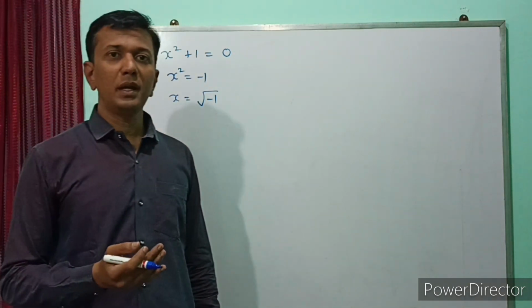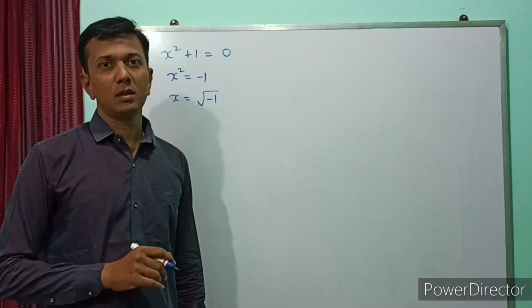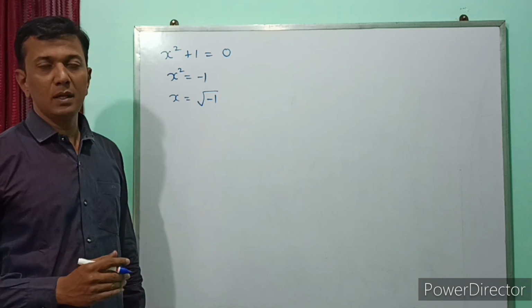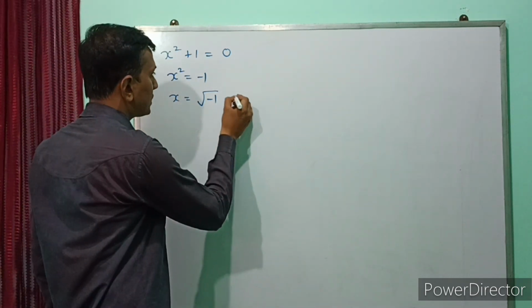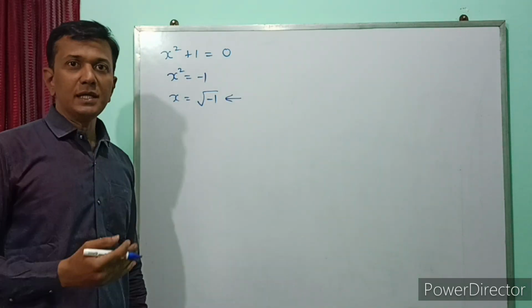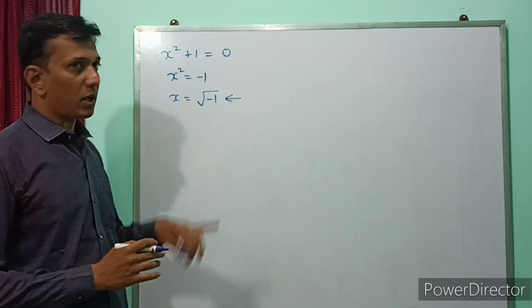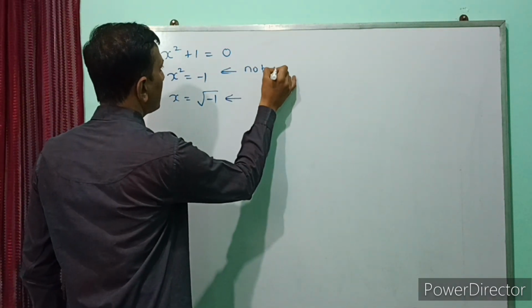Now, what could be the value of square root of minus 1? So, there is a question mark. How to calculate the square root of a negative number? This leads to an idea that mathematicians have to go for an extension of the real numbers along with the negative numbers under the square root. So, the solution here is not a real number.